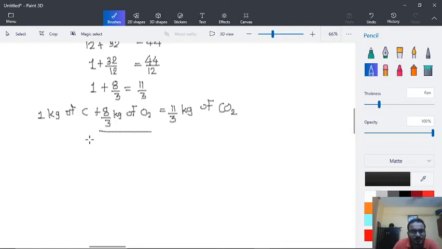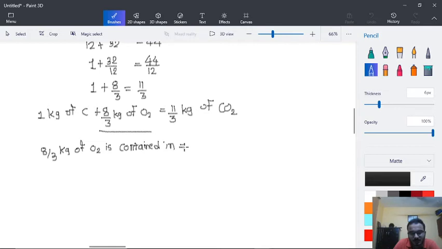Based on this we can obtain the mass of air. 8 by 3 kg of O2 is contained in how much quantity of air?